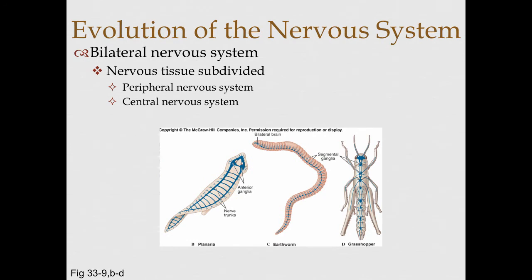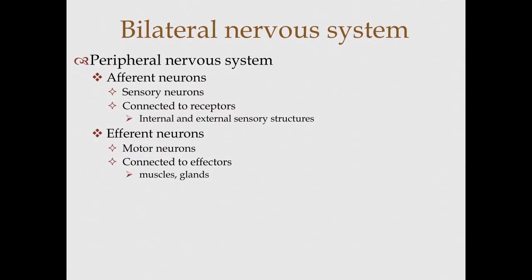Most animals, however, have a bilateral nervous system, where nervous tissue is subdivided into two parts, the peripheral nervous system and the central nervous system. The peripheral nervous system can be further subdivided into afferent neurons, which could also be called sensory neurons, because these are receiving information about either the interior or the exterior environment. And these receivers of information are called the receptors. And they help to tell the body something about its internal or external conditions.